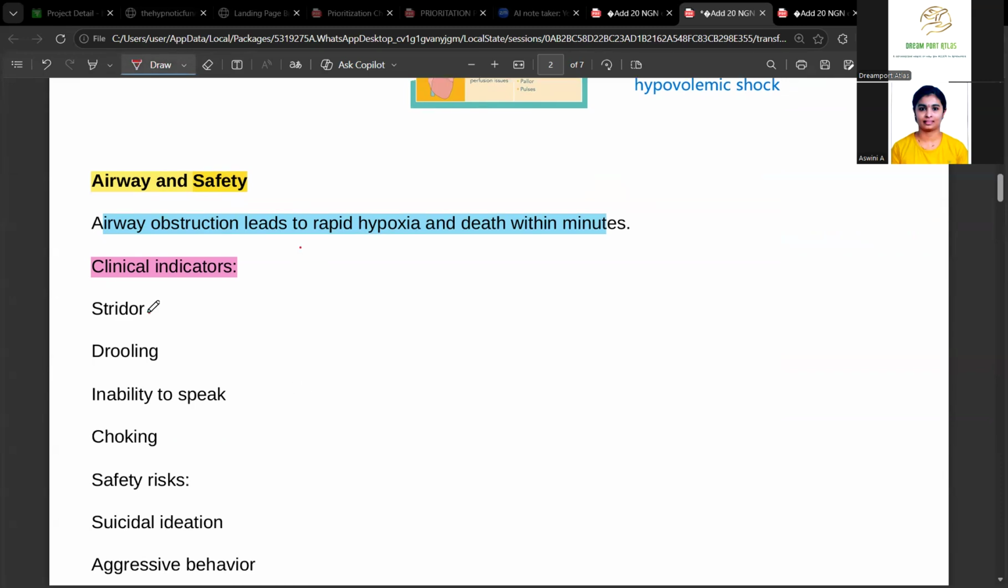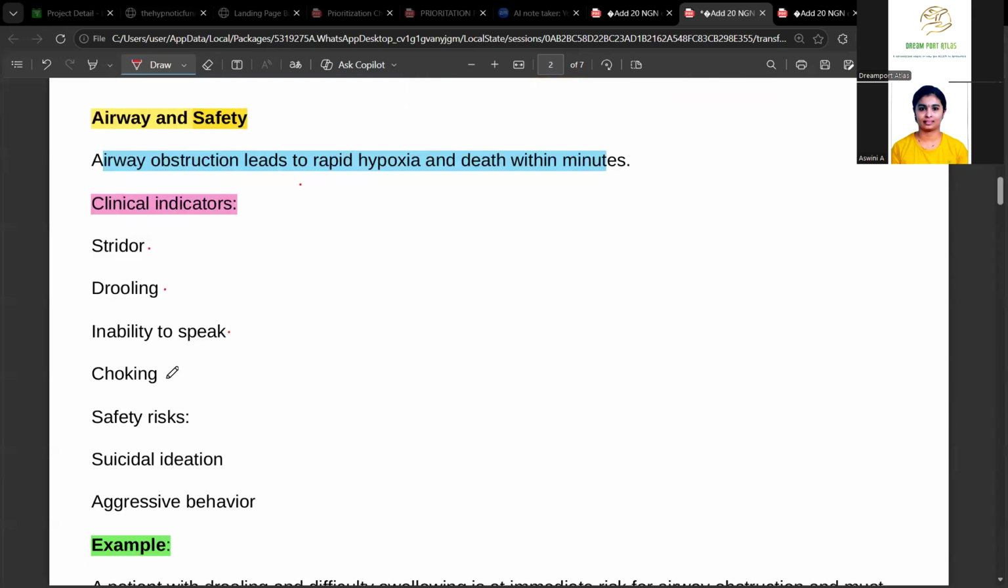That means if on auscultation you are getting stridor, and if there is drooling of saliva, if the client is not able to speak, and in case of aspiration or airway obstruction, there may be choking, and all these are the symptoms which show that the client is having airway obstruction. Understood? What are the symptoms? Stridor, drooling, aspiration, inability to speak, and choking. These are the symptoms which determine airway obstruction.